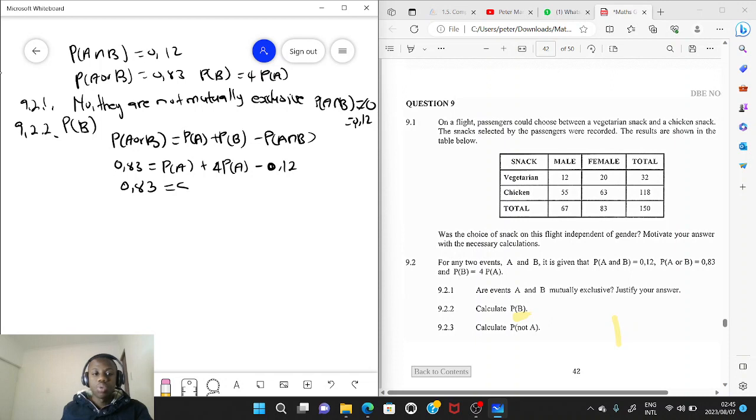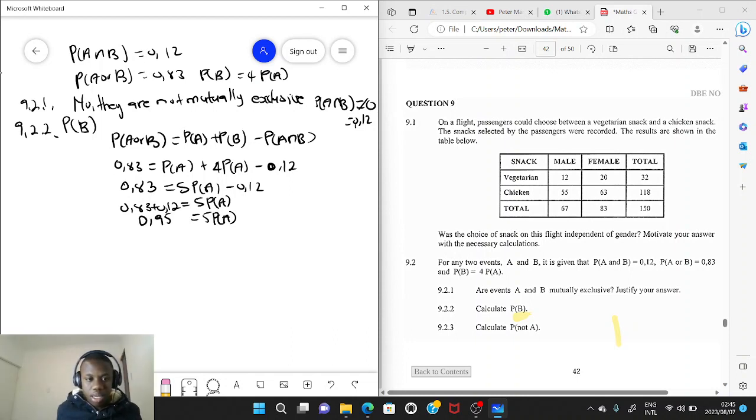These are like terms, so we'll have 5 times the probability of A minus 0.12. Since we are looking for the probability of A, we'll be left with 5P(A), and then we transpose the 0.12 to the other side to become positive 0.12 from negative 0.12. Now when we add 0.83 plus 0.12, we get 0.95.